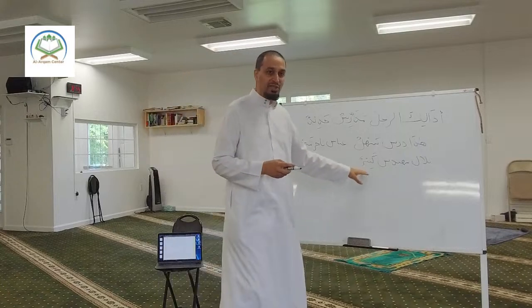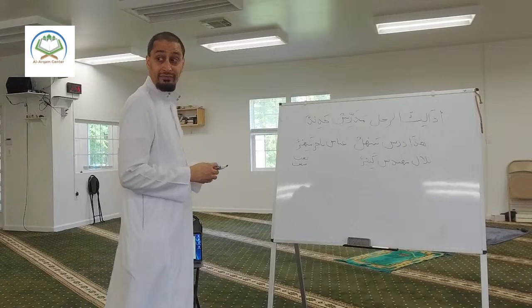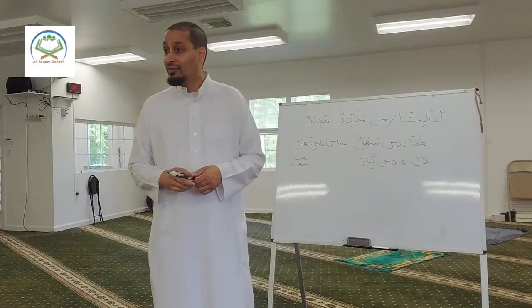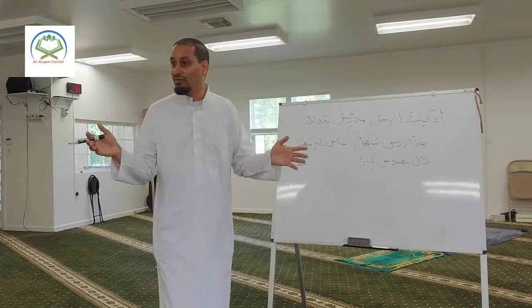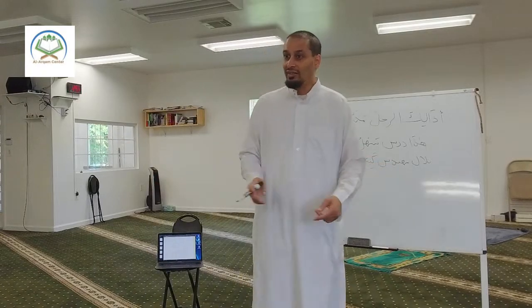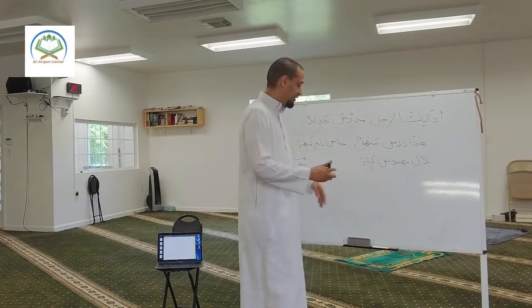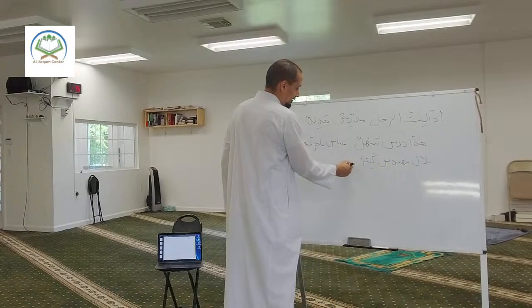But this, kabir, is position, the rank. Saminun is descriptive, so you can say Bilalun Saminun, Bilal is fat. But if you want to say Bilal is a fat engineer, Bilalun Muhandisun Saminun. So you put Saminun in the back.